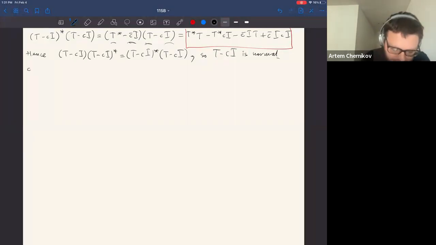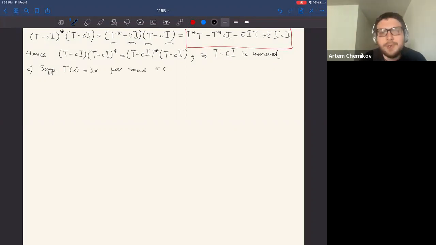So suppose that T of x is equal to lambda x for some vector x in V and some scalar lambda in F. So I'm given this. Our task is to show that then x is an eigenvector for T star as well.